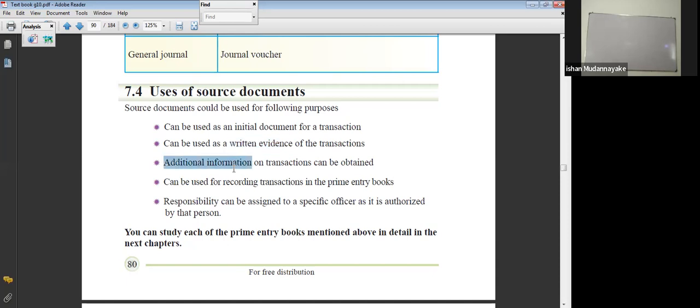Third one: additional information on transactions can be obtained. We can obtain additional information through the source document. Please highlight additional information.